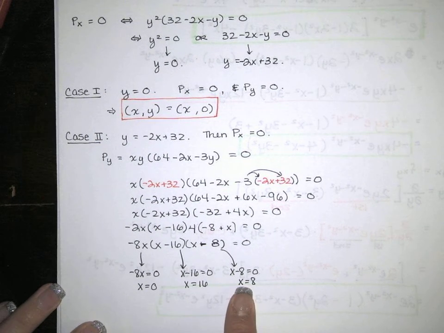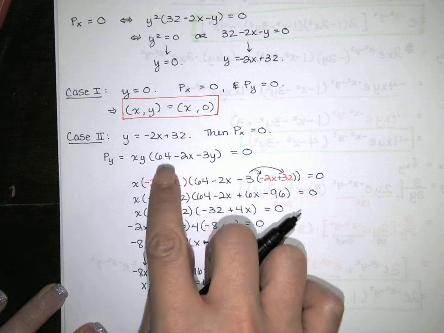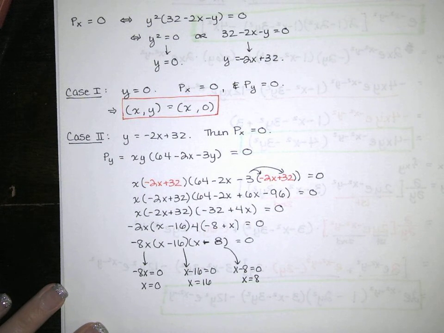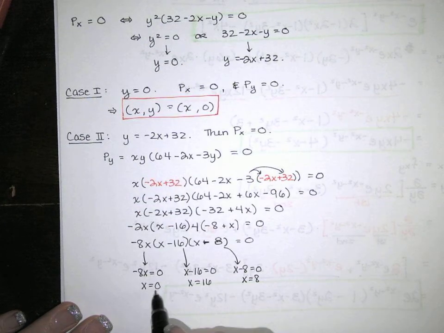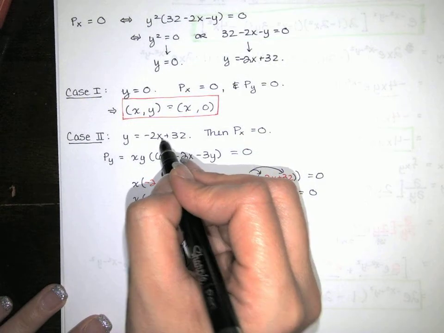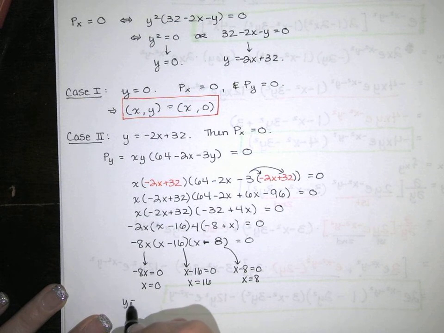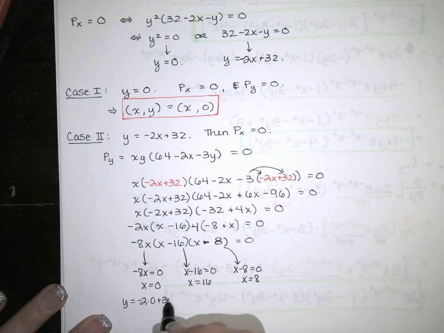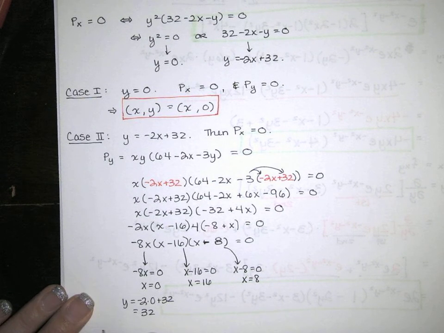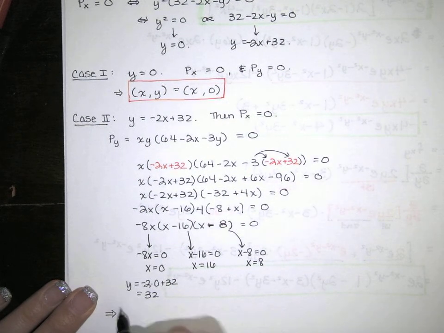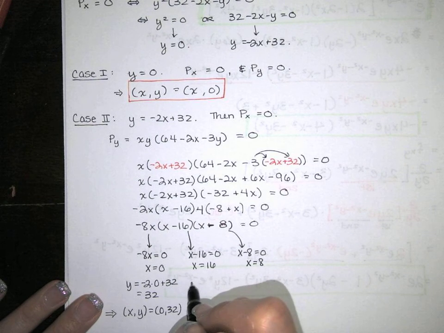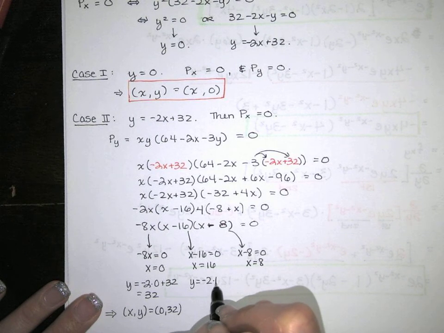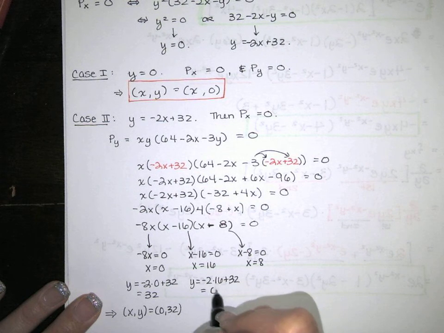Well, now that I have the x values, I can substitute those into this equation and find the corresponding y values. When x is 0, according to this equation, if we're on this line and x is 0, y has to be 32. So y is negative 2 times 0 plus 32, which is clearly 32. So you've got a critical value, xy equals 0 and 32. If x equals 16, then y is negative 2 times 16 plus 32, which is 0.